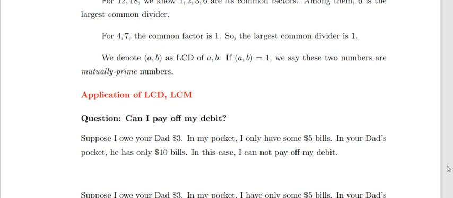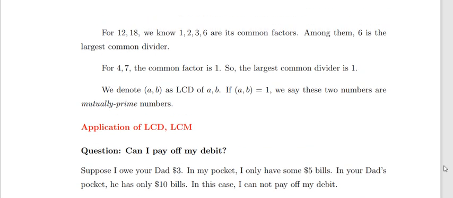Here we introduce a new notation. For 12 and 18, we find 6 is the largest common divisor. For 4 and 7, there is only one common factor, so we can also say this largest common factor is 1.